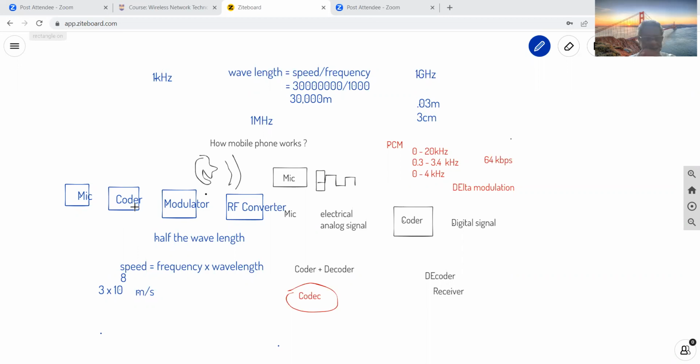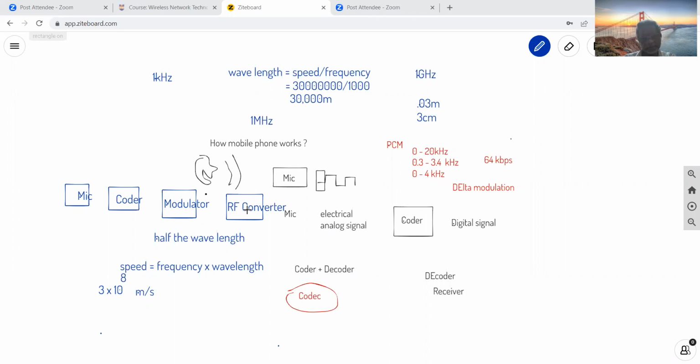Then at the receive end, you have the reverse of the coder, called the decoder. Coder and decoder together are called the codec. At the receive end, it does the reverse of modulation, called demodulation. Therefore, modulator and demodulator together are called a modem.